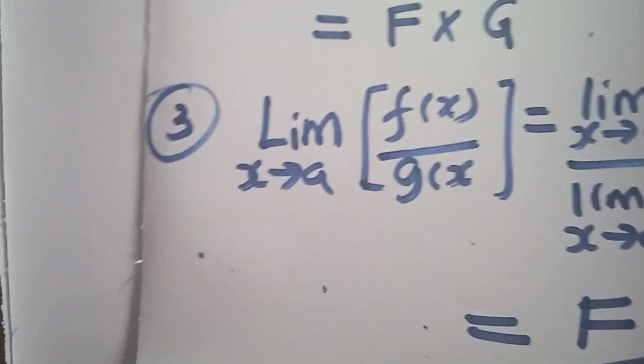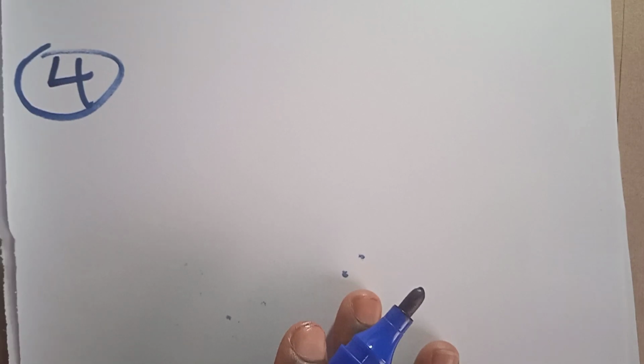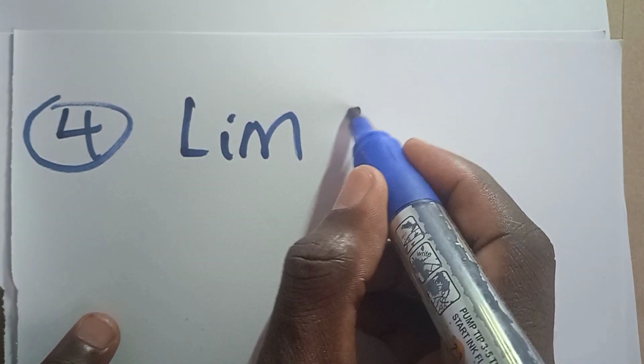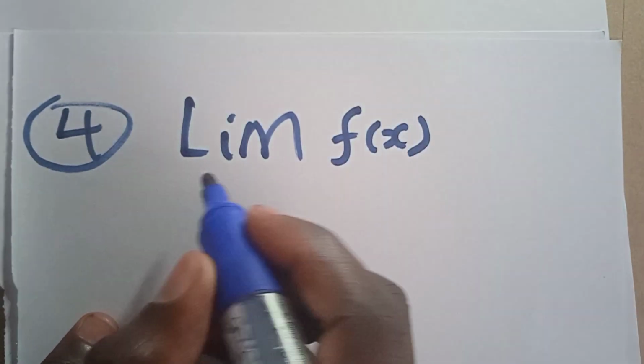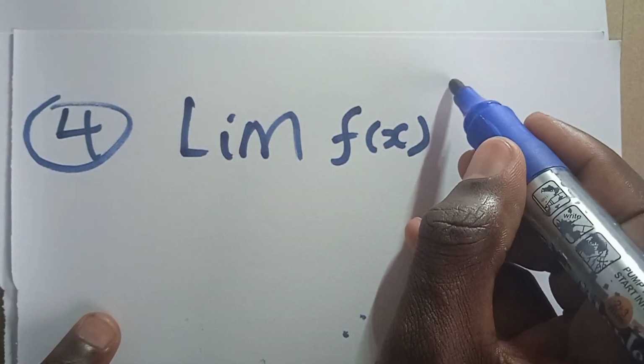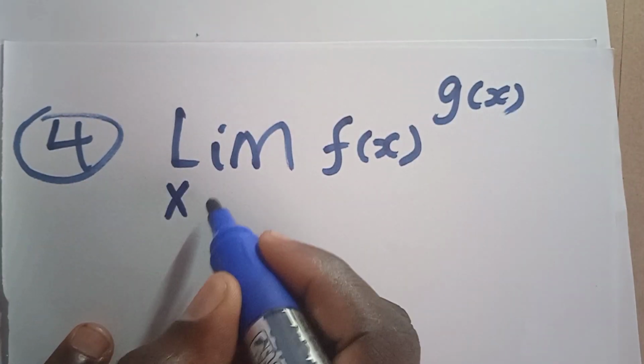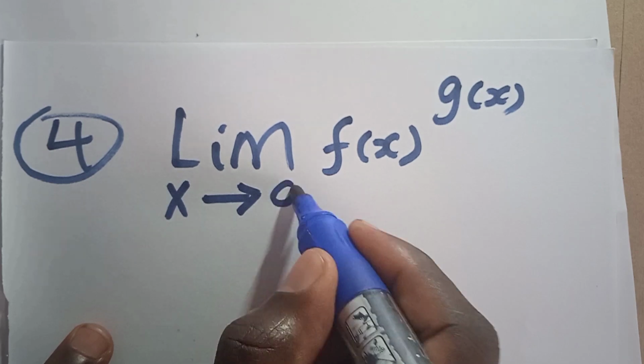The next, or the fourth property, we need to look at is the one which deals with the power, the limit of a power of functions. So let's say that you have something like this: the limit of f of x raised to the power g of x, as x tends to a.